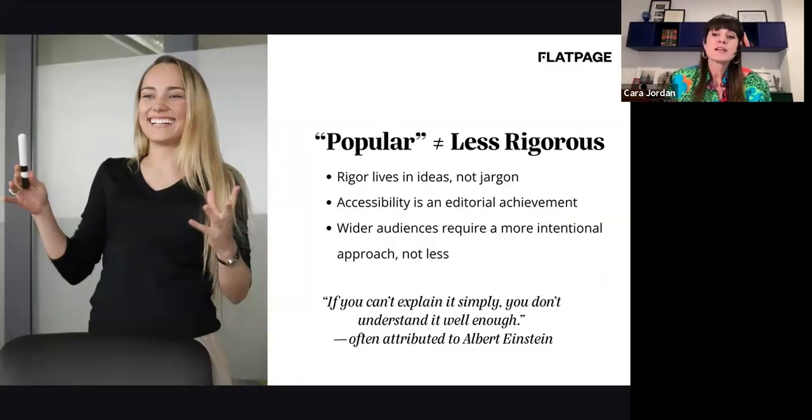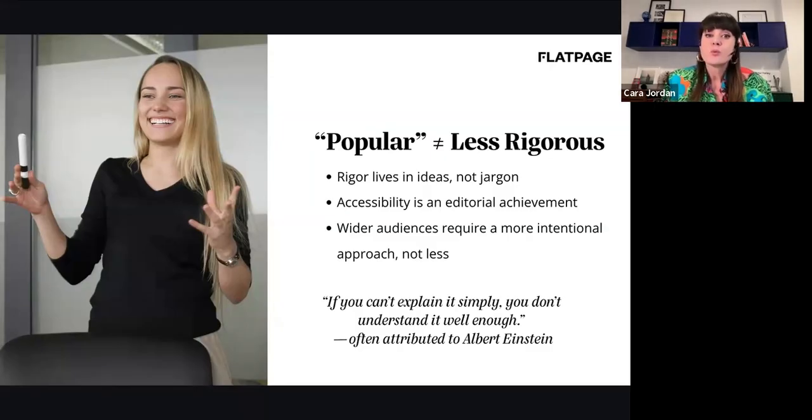Many people equate rigor with the density of the writing. So making things that are almost impossible to understand, or having a very large number of citations in your work, or even having it be very difficult to read. But those are signals that are designed for academic readers. They're not signals that are meant for a broader readership.